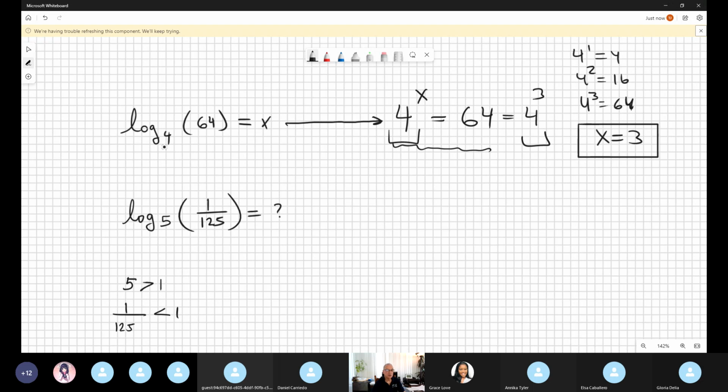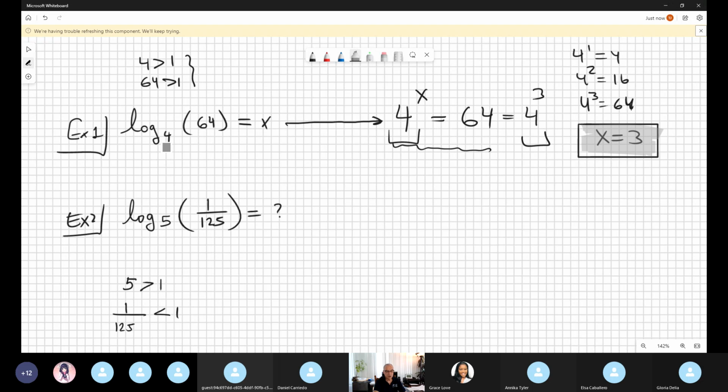You see, I call this example 1 and this example 2. In example 1, the base is 4, which is greater than 1, and 64, the number inside the argument, is also greater than 1. This is very compatible. It's the same situation. That is the reason we get a positive solution.